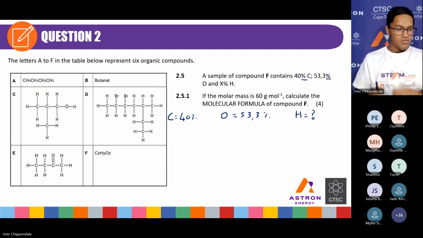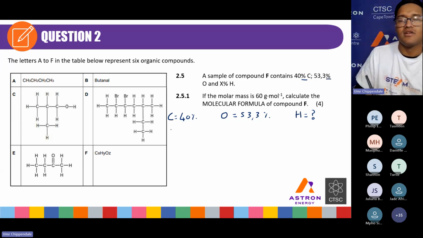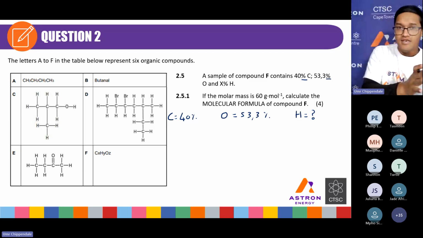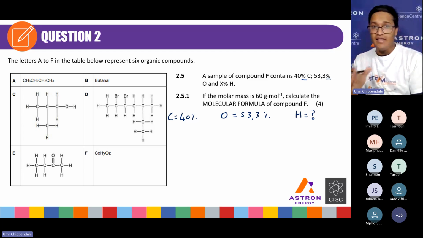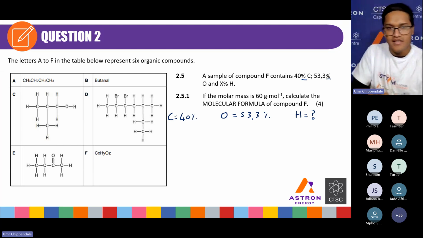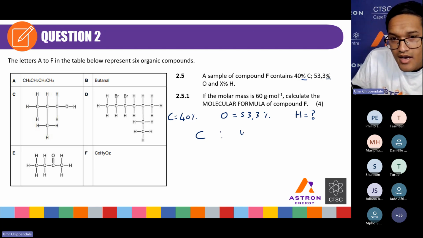Now, in most formulas, even when you write the general formulas down, you always write C first, then your hydrogen, and then any other attachments such as oxygen, your OH group, your halogen, all of that. So I'm going to write in terms of that instead. So I have C, H, and O. I'm writing in terms of this. So here we said this will be 40.